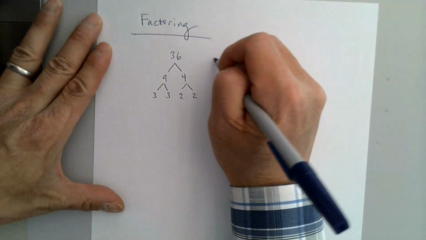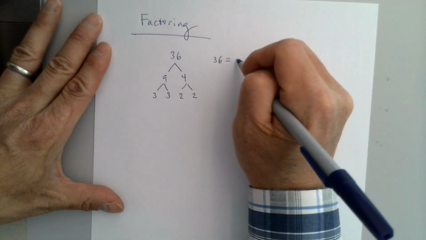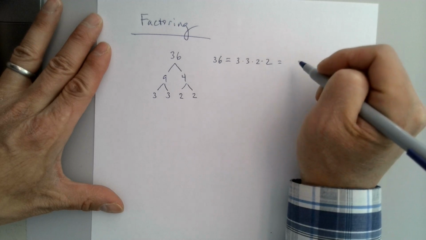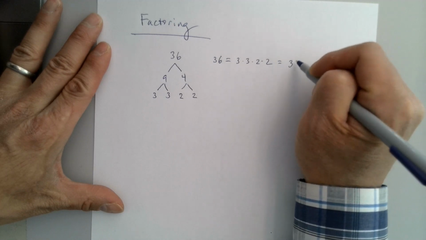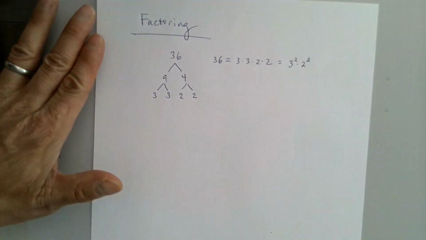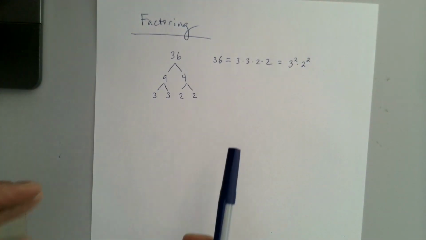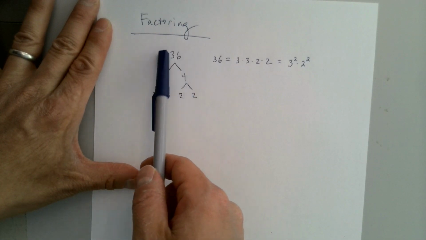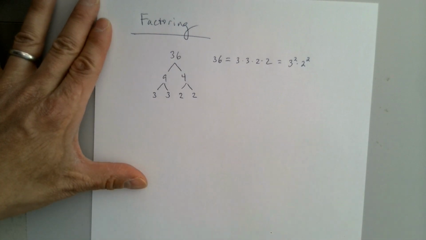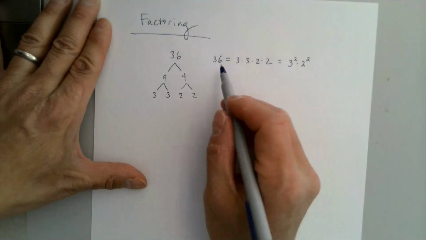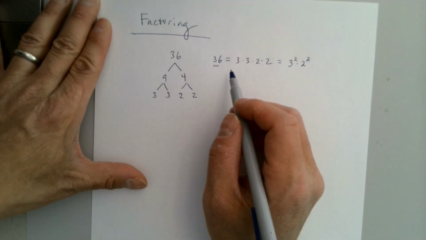And then you can state that 36 is equivalent to 3 times 3 times 2 times 2, which we can write in exponential form, 3 squared times 2 squared. So why do we do that? We do that because while 36 is a very understandable, attainable number for us to use, that's not the DNA of 36.